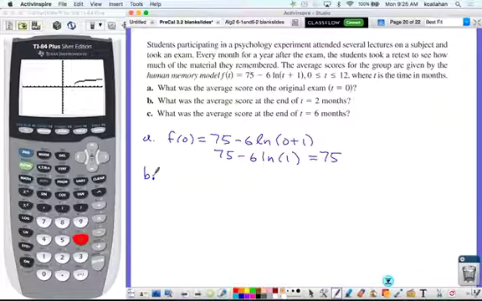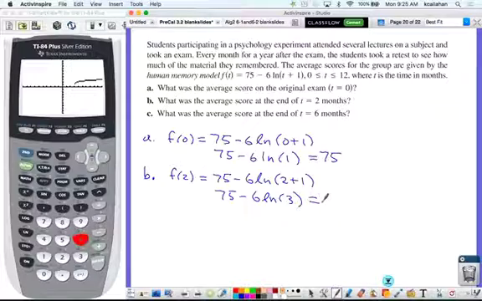What was the average score at the end of 2 months? What are we going to do with the 2? Plug it in, right? F of 2 equals 75 minus 6 times ln of 2 plus 1, which is 75 minus 6 ln of 3.